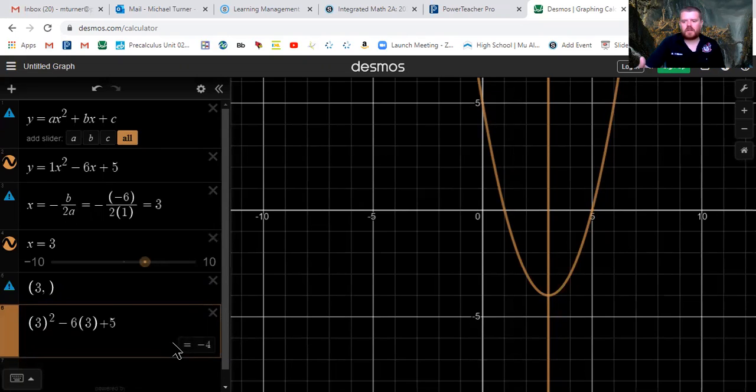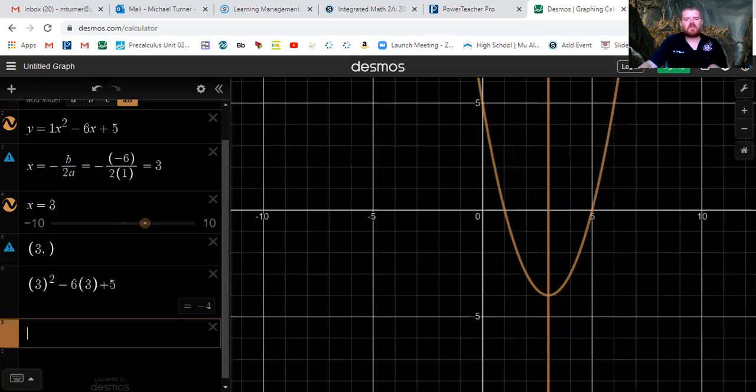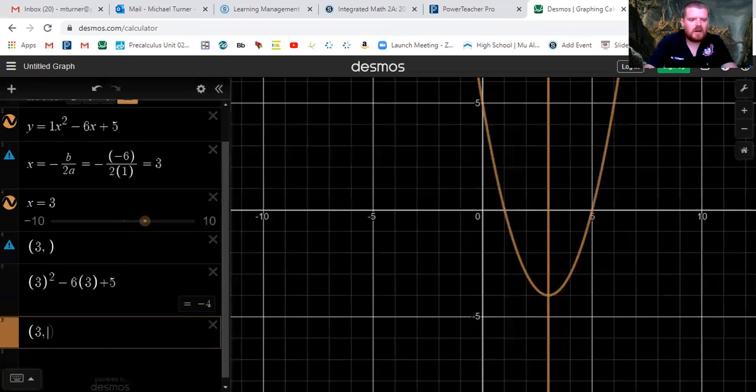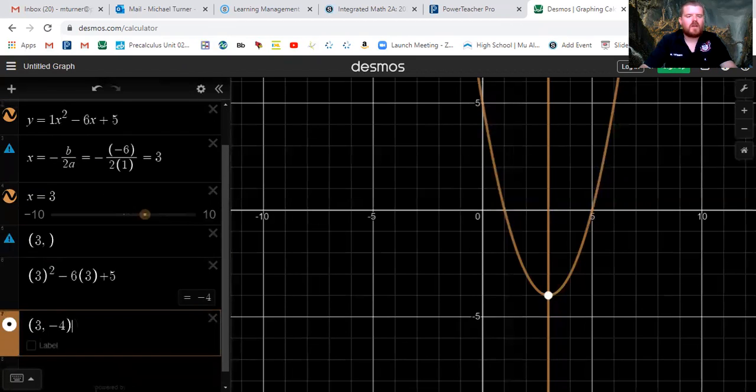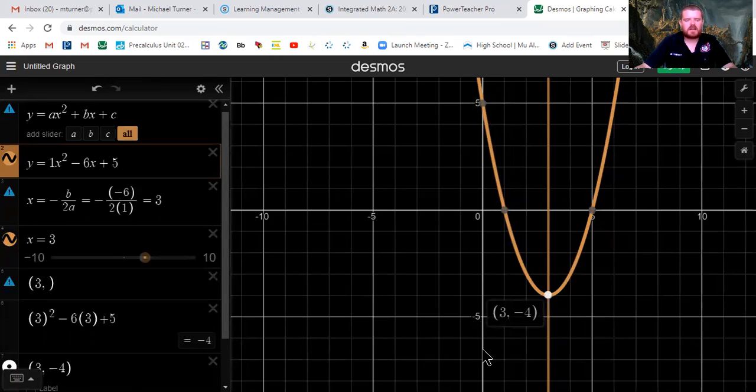And if you're using a graphing utility or a calculator, it's going to calculate it for you. So I get -4, which means my vertex then is 3 comma -4. If I'm using the computer, I can verify that using Desmos, and yes, my vertex is 3, -4.